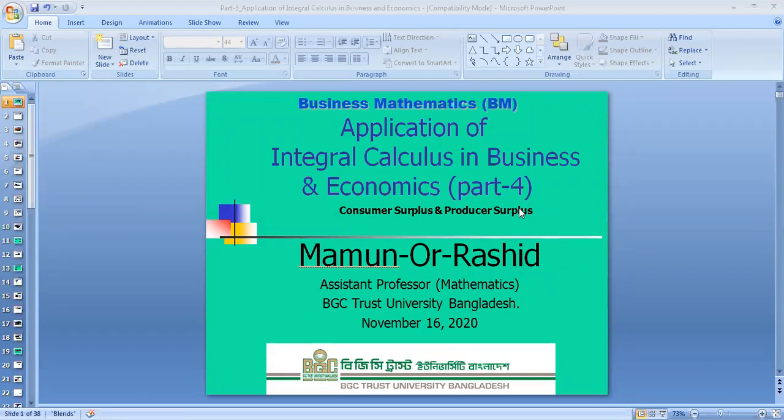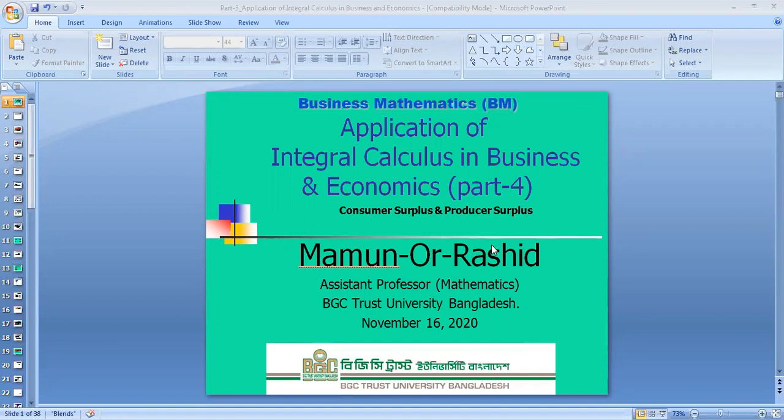Consumer surplus CS equals the integral from 0 to x naught of the demand function dx, minus x naught p naught. Similarly, the producer surplus formula: PS equals x naught p naught, where p naught is the initial price and x naught is the initial number of units, minus the integral from 0 to x naught of the supply function s(x) dx.